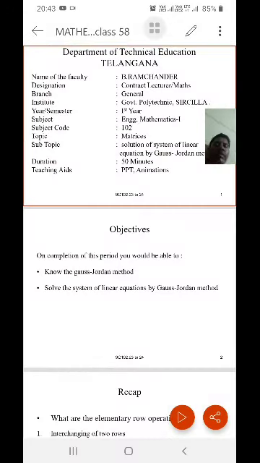And the second question contains x plus y plus z equals 6, x plus 2y plus 3z equals 14, x plus 4y plus 9z equals 36 by Gauss-Jordan method. One more question is there. And there are some example problems in the textbook also.